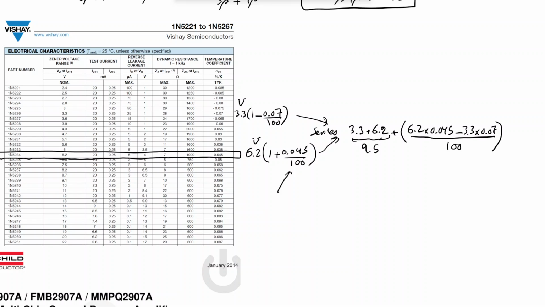So this is the nominal part independent of temperature, and this is the part that depends on temperature. We don't want this to be zero in this circuit. In some circuits we want it to be zero. In this circuit we don't want this to be zero.